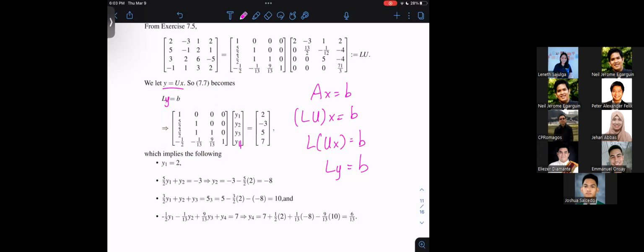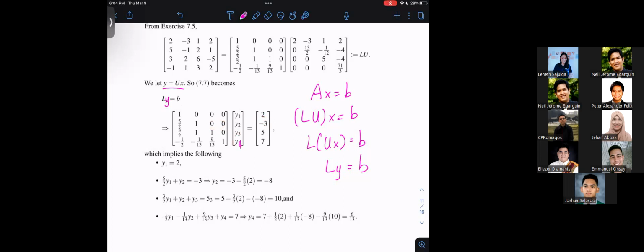If you multiply the first row by the first column, you'll get y1, that's equal to 2, right? And then multiply this guy by this guy, you get the dot product, right? So the dot product would be 5 halves of y1 plus y2. You'll have a bunch of zeros for y3 and y4, so they will just be out of the equation here, and it's going to be equal to -3, right?